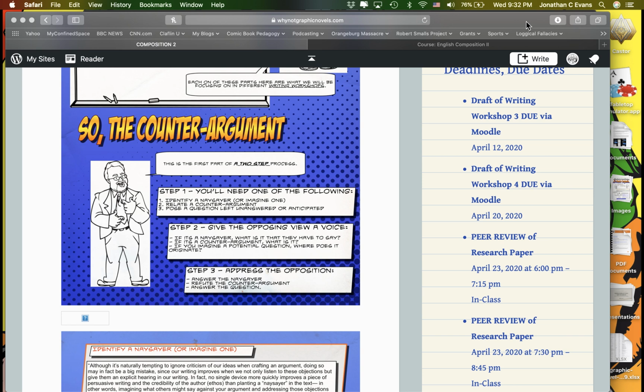We're going to do something very similar in the counter argument section, except here we're going to present a possible alternative, or in some cases opposition, and in some cases perhaps a question that our audience might have. We're then going to give them the other point of view, whatever that might be, whether it be summarizing, paraphrasing, or whatnot.